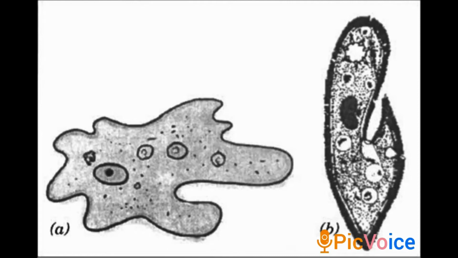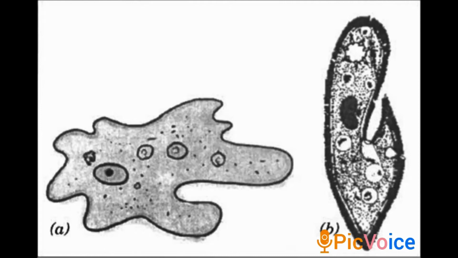This is the main difference between unicellular and multicellular organisms. In multicellular organisms, more than one cell; but in unicellular, only single celled organisms are called unicellular organisms.